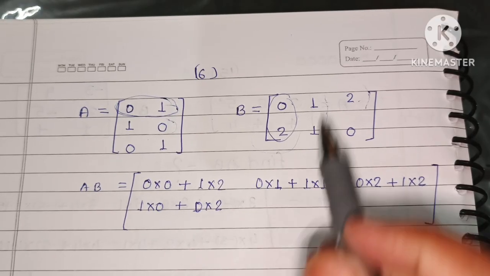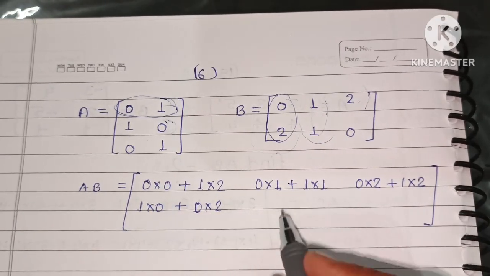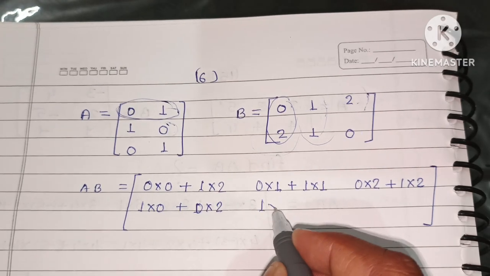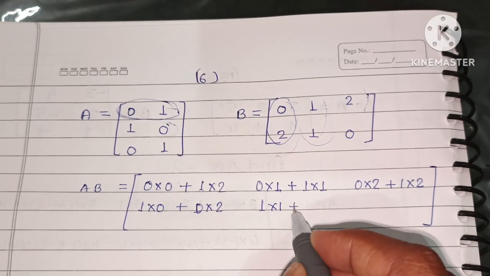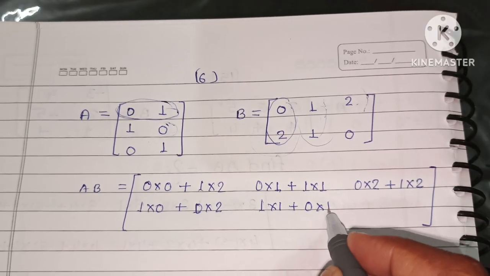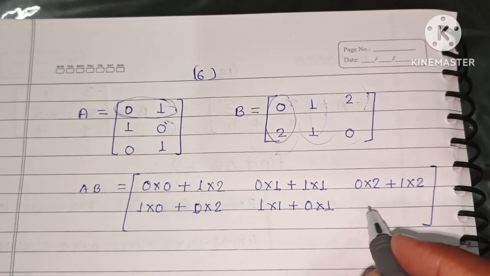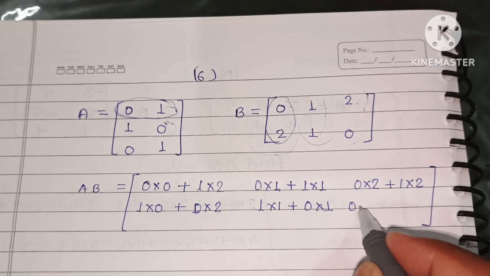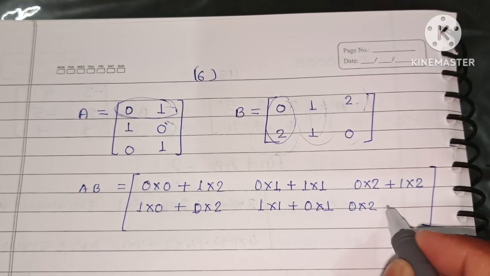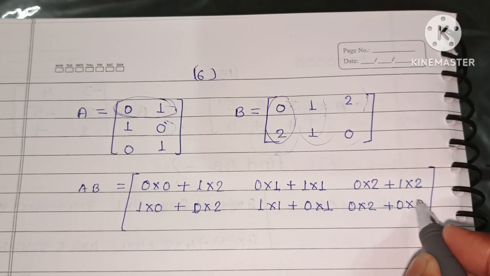Now next, this column will multiply by this, so 1 into 1 plus 0 into 1. Now this multiply by this, so that is 0 into 2 plus 0 into 0.